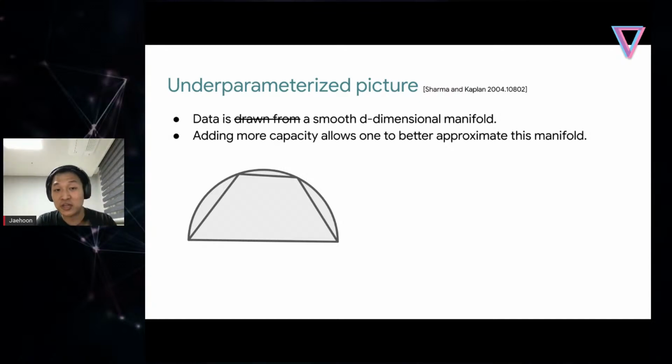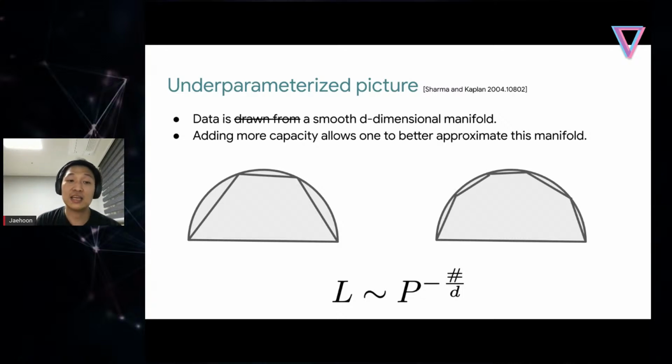You can imagine for ReLU networks, if you increase the number of parameters, it's adding more piecewise linear regions where you can represent this data manifold more effectively. And if you think about how this number of linear regions scales with the number of parameters, then this will tell you how the test loss will scale with the number of parameters. Here, the relationship is similar to the overparameterized case, where you get an exponent that depends on the dimension of this data manifold.